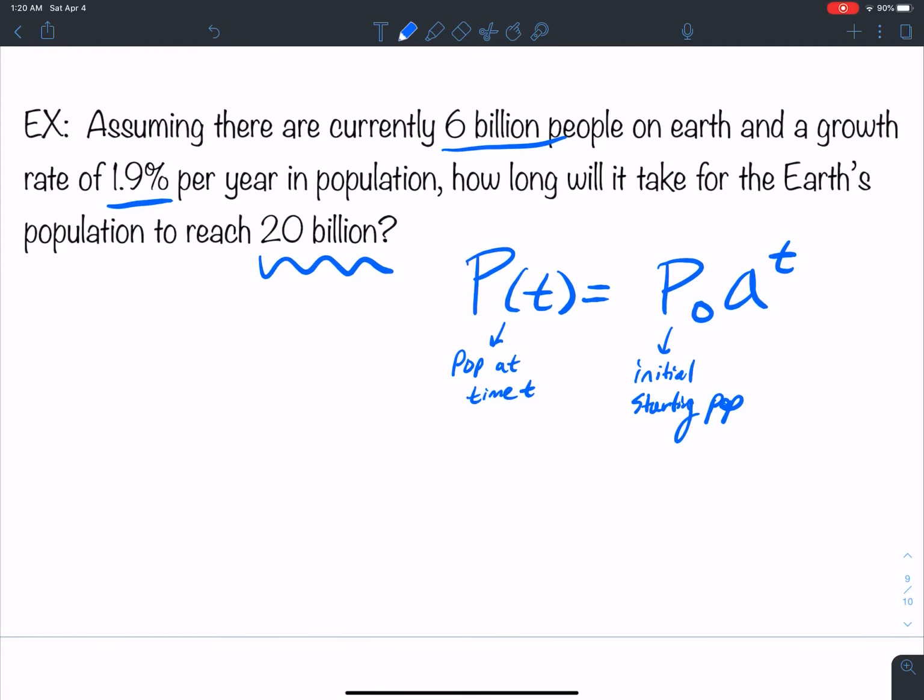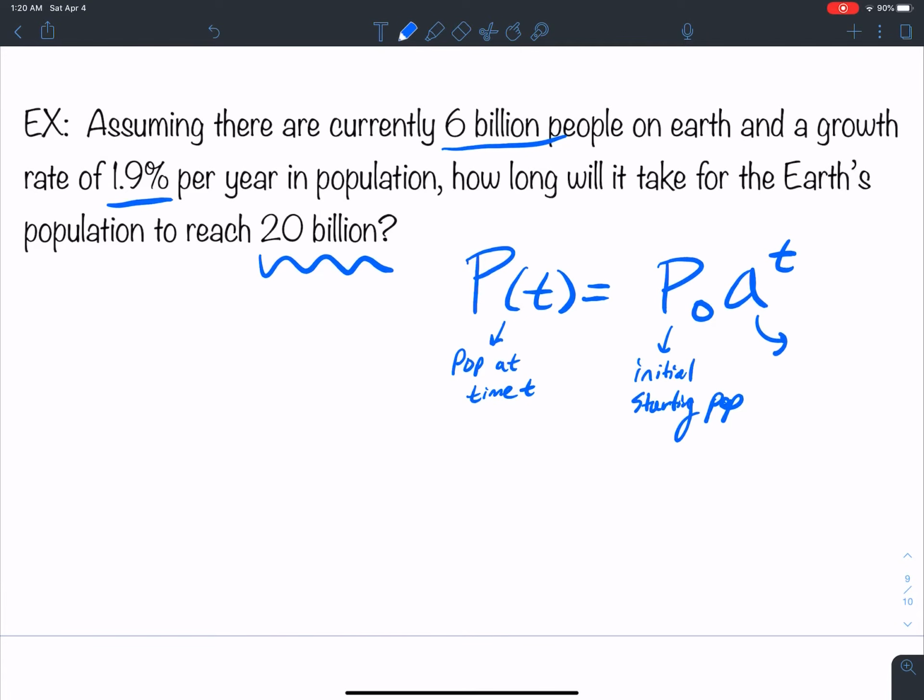The a, this is my base, which is the rate. All right, it's either rate of growth or rate of decay. And then the t is obviously the time in years. For this particular problem, we've got it pitted in years.